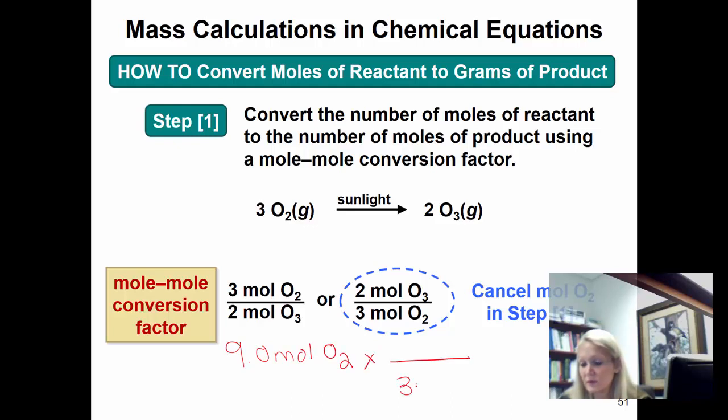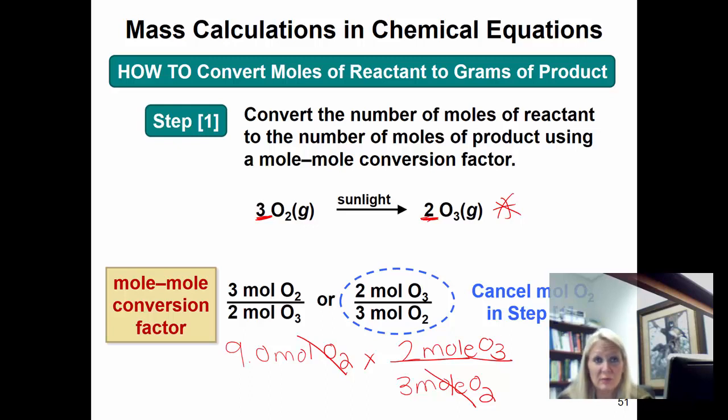Therefore, O2 has to be in the denominator, and the moles and the compound have to cancel, and there are 2 moles of ozone. The 3 comes from here. That's my mole to mole ratio, and this is my balanced equation. This is what we did in the previous video. If we cancel here, we're left with moles of ozone.